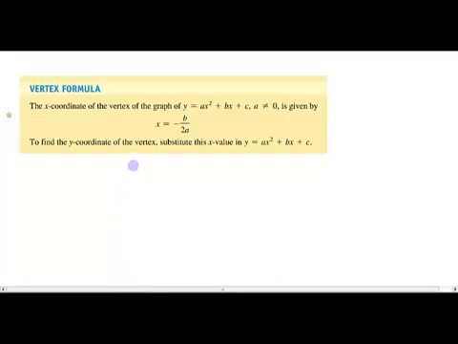A lot of people will write the vertex formula like this: the x part is negative b over 2a, and the y part is f of negative b over 2a, simply placing the x value that we found into the f function to get the y part.